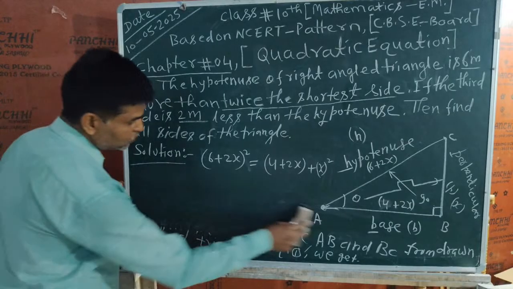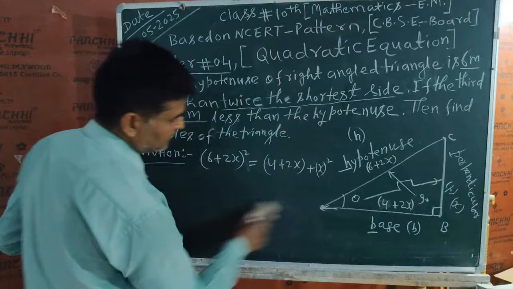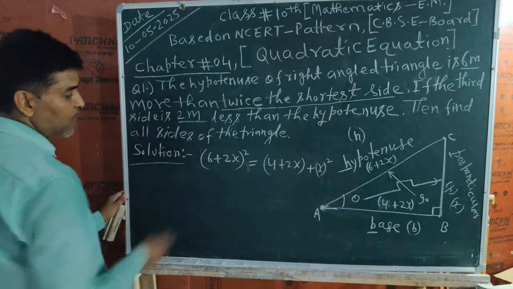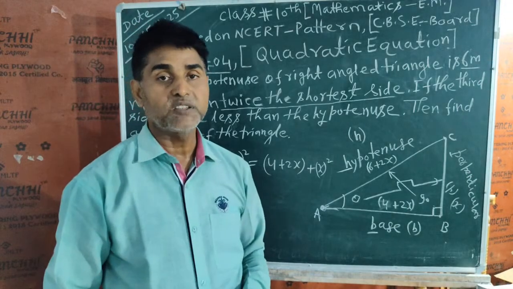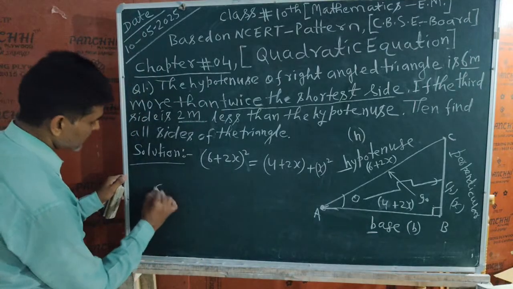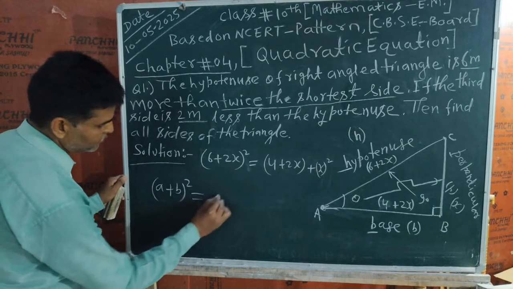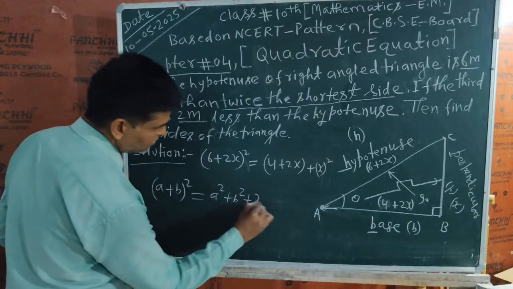Okay student, so further I am going to delete the below data for further calculation. Now I am going to use a concept available in algebra: a plus b whole square is equal to a square plus b square plus 2ab.